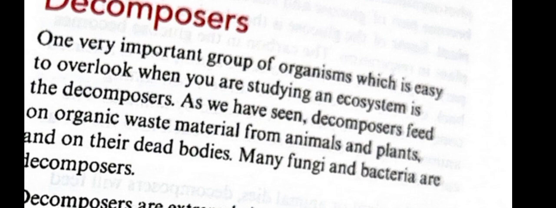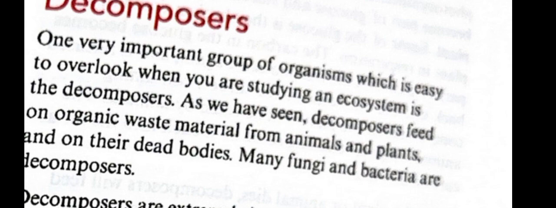So the basic idea is that the main role is played by the decomposers. Decomposers, what are they? They are basically a group of organisms, and their role is to produce food by decomposing the dead organic matter. So when an organism dies, they decompose the body of that organism.